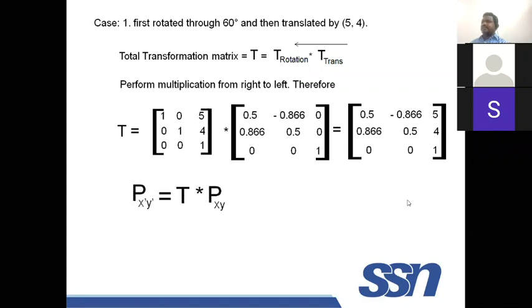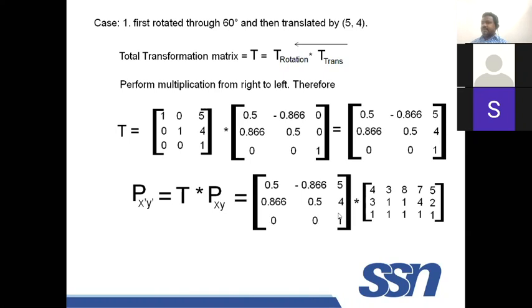Next, the final position of the lamina ABCD and the point within the lamina we can find by multiplying T with Pxy. Pxy is the initial coordinates of the vertices of the lamina, and T is the composite transformation matrix that we have obtained here. Substitute T and the Pxy I showed in the previous slide, where every vertex is written as a column vector.